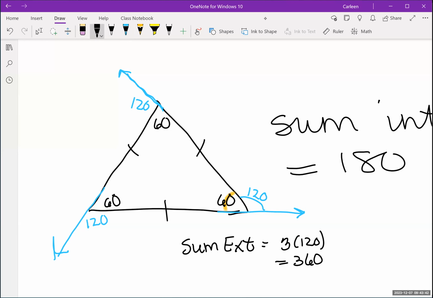That's kind of interesting because it's like you start off facing this direction, turn to the left, turn to the left, turn to the left. It's kind of like the exterior ones make a complete circle. But anyway, mathematically, I got 360 degrees.